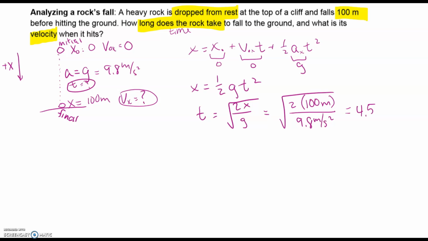Looking at sig figs, the only number we're given is the 100 meters. I'll assume that's precisely 100 meters, and so that becomes 3 sig figs in seconds. So it takes about 4.5 seconds for this rock to reach the bottom of the cliff.